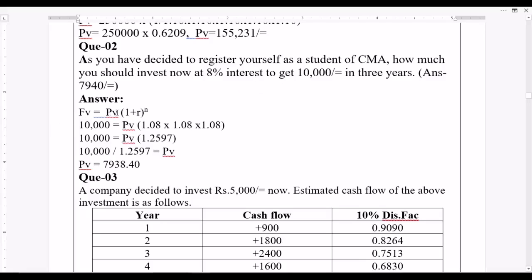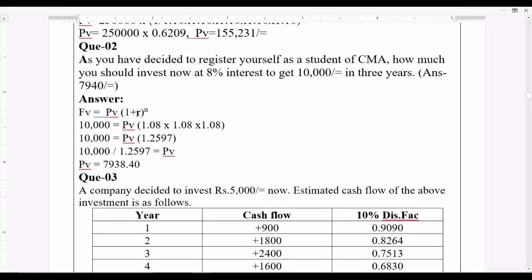So you can apply this formula. Future value equals present value times (1 plus r) to the power n. So future value is 10,000. The present value times 1.08. Here 1 is okay.